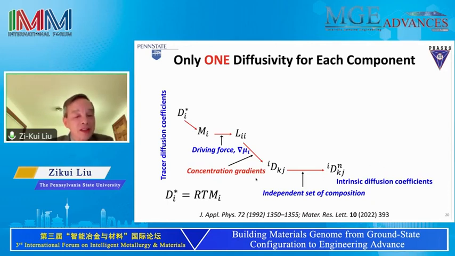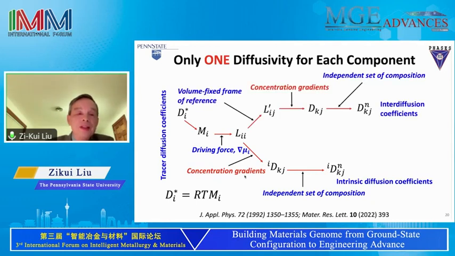That's because you change the variable. Now, if you change the frame of reference for diffusion from the lattice-fixed frame of reference to the volume-fixed frame of reference, what do you find? It becomes again from one variable a vector. If you change the concentration, it becomes a matrix now.